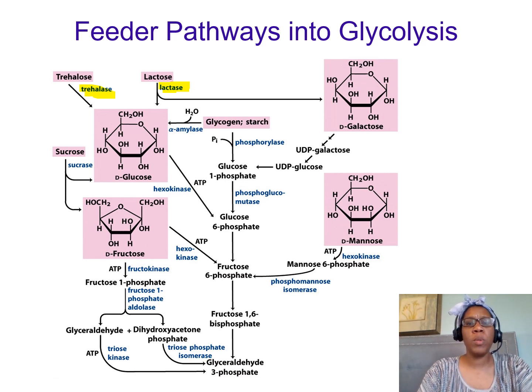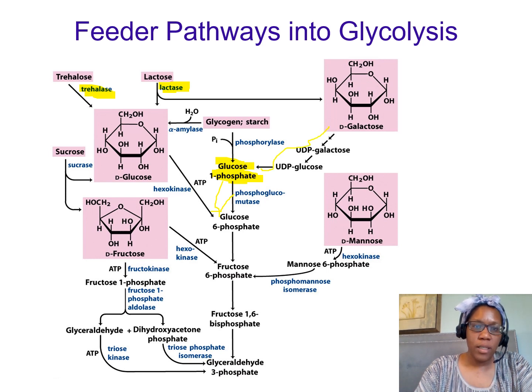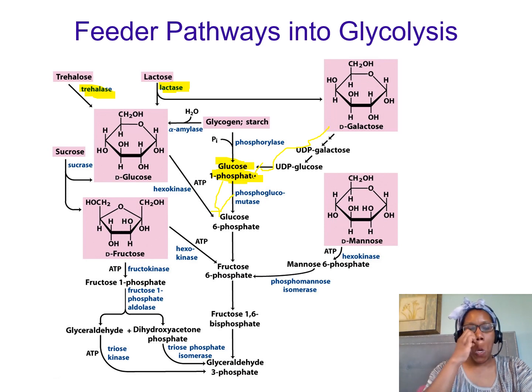So what you should remember about galactose is that through a series of steps, it gets converted into G1P, glucose 1-phosphate, and then through one more step, it goes into G6P. So skip all of this stuff. First we go to G1P and then G6P, which you know is the second step in glycolysis. It's the substrate in the second step in glycolysis.